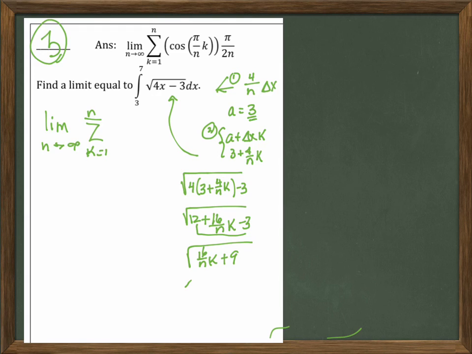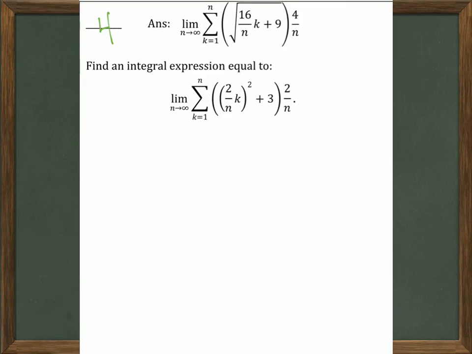That's what I'm going to write up here, the square root of 16 over n k plus 9 times delta x, don't forget that, which is times 4 over n. So that's how you do number 3. Number 4, let's make sure I did that right. You got the sum from k equals 1 to n of 16 over n k plus 9. Okay, so that's right. So going on to number 4.